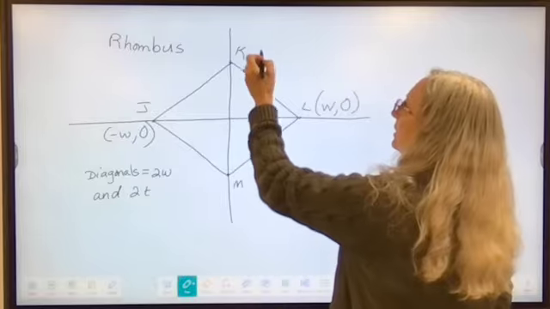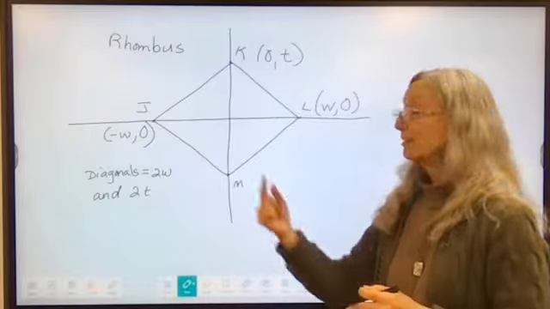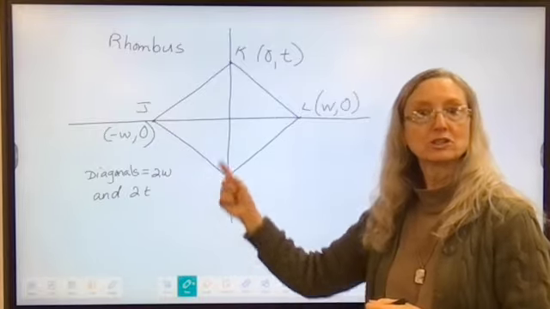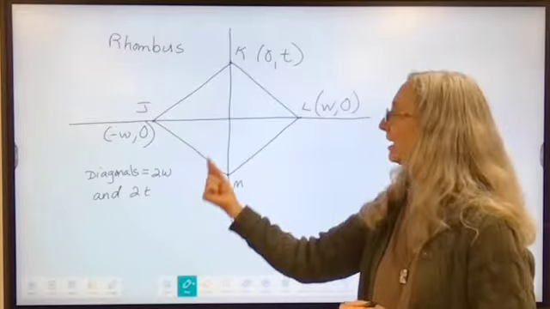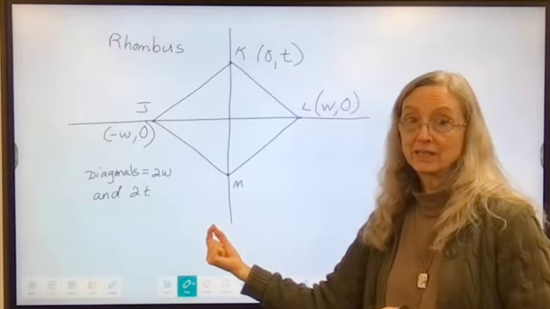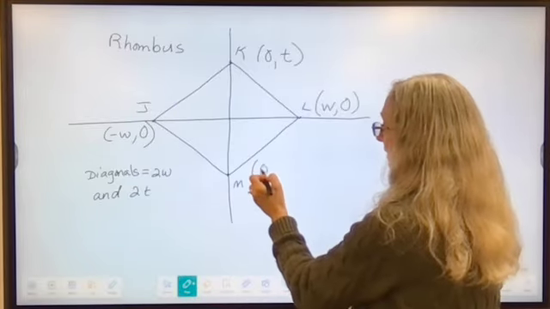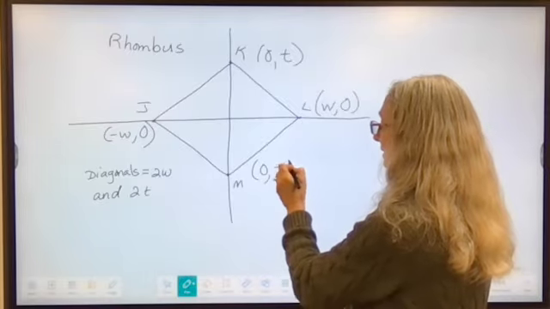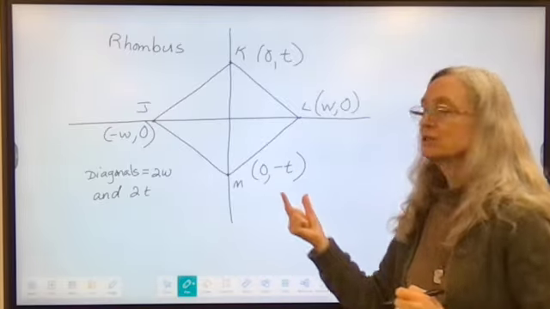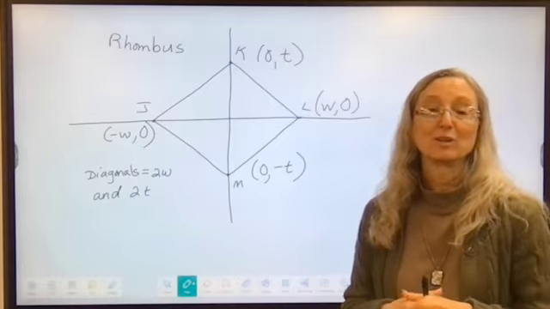So this point would be 0, T. Then from here, I'm going to go the other direction, the other T, so that the length will be 2T's. I'm going down, though, in a negative direction. So starting at 0, I'm going to go not left to right at all. My x-coordinate is 0, but I'm going down a length of T. And there's my coordinates for M. That's how you do this using letters.